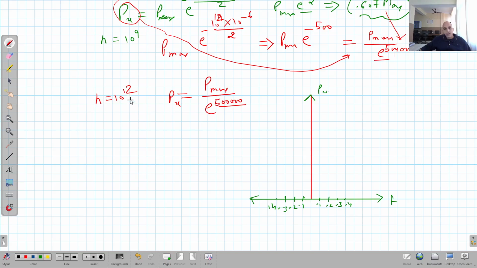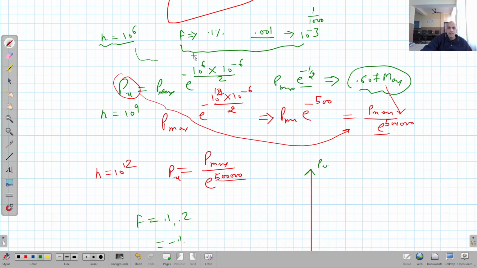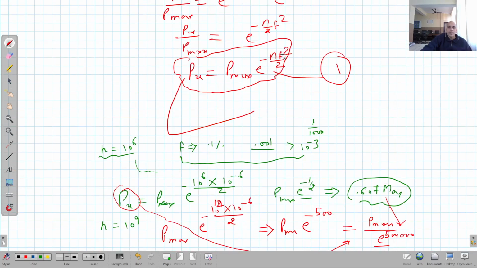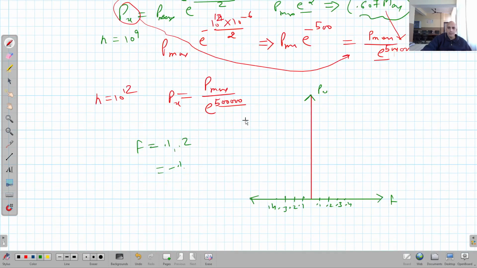One thing that is important here is that whether I take f as 0.1, 0.2 or negative 0.1, it makes no difference, because there is f square in the expression, so it will make it positive.